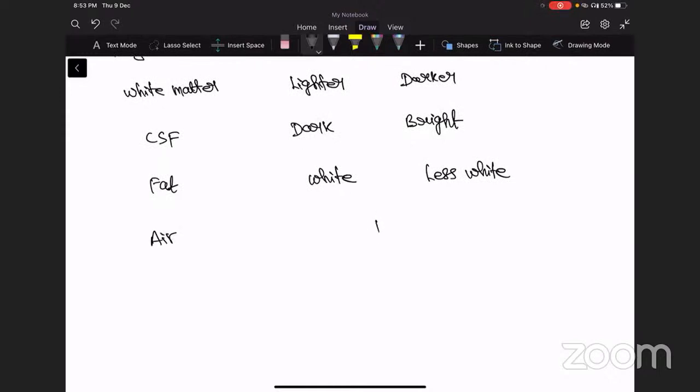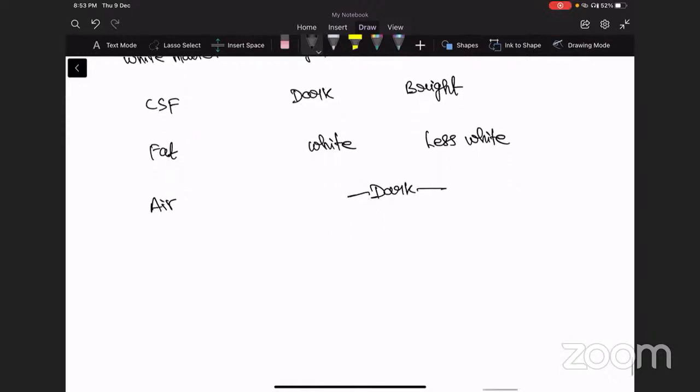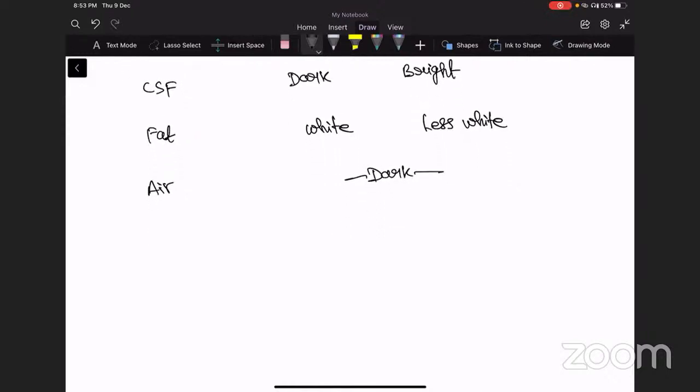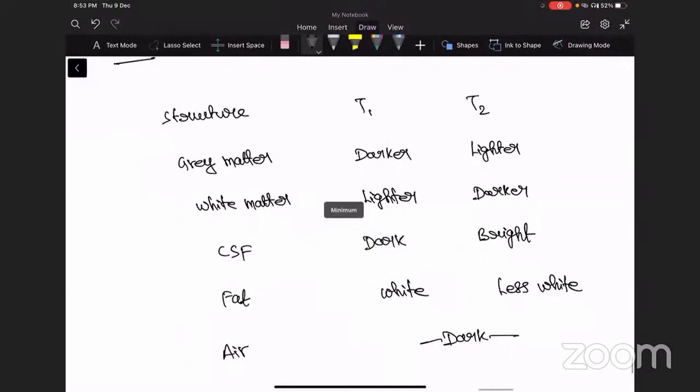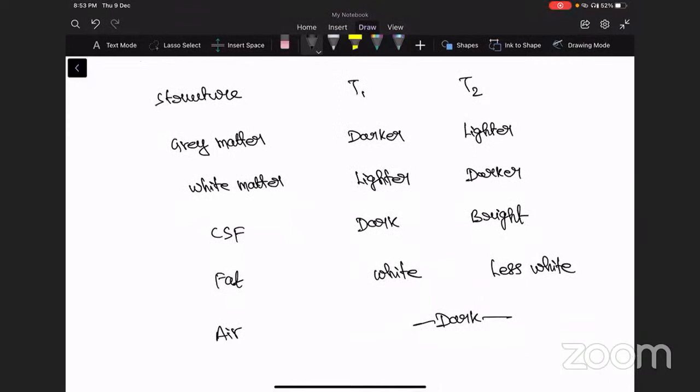Air will appear dark in both T1 and T2. This is important in radiology, T1 and T2.